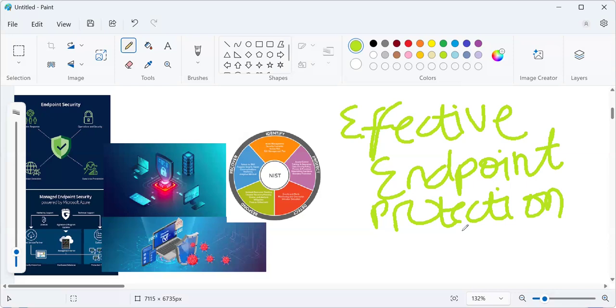There are some practices for small organizations, and we usually use the NIST framework references.